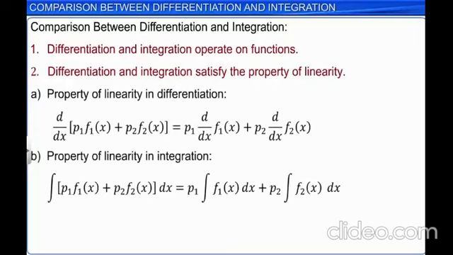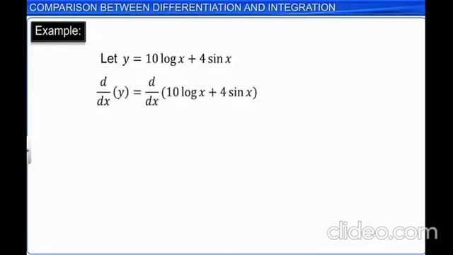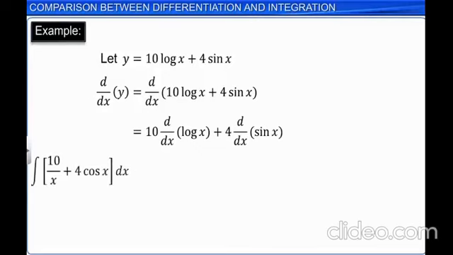For example, if y is equal to 10 log x plus 4 sin x, then the derivative of a function y with respect to x, that is, dy by dx, is equal to d by dx of 10 into log x plus 4 into sin x, or 10 into d by dx of log x plus 4 into d by dx of sin x. Similarly, integral of 10 by x plus 4 cos x dx is written as 10 into integral of 1 by x dx plus 4 into integral of cos x dx.